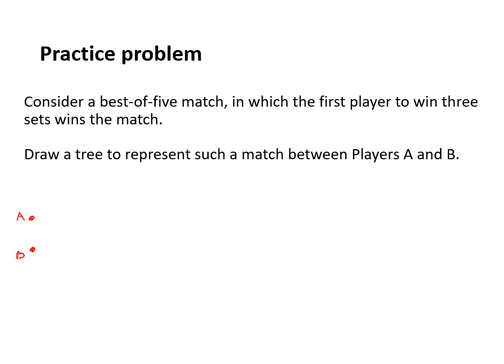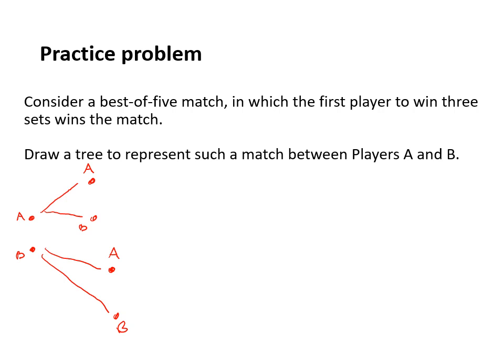Then from here, they both branch into the second match. So here we have A wins second match, here we have B wins second match, and the same goes for this one. Here we have A wins second match, and here we have B wins second match.